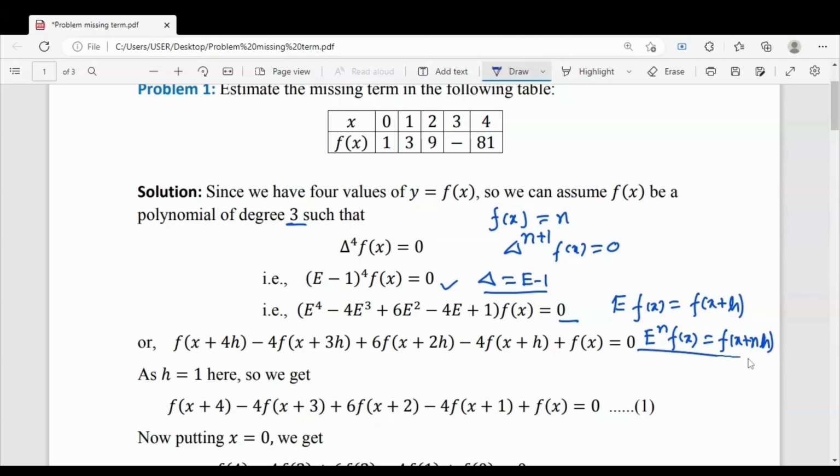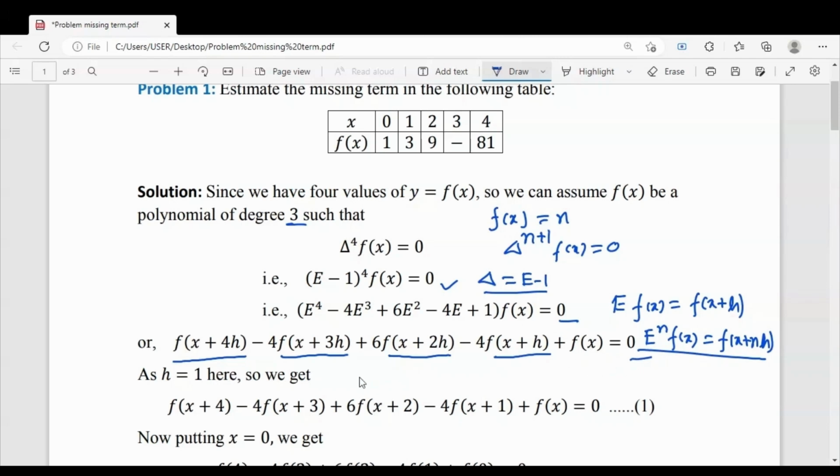Using this relation, we can write E to the power 4 f(x) equal to f of x plus 4h, E cube f(x) equal to f of x plus 3h, E square f(x) equal to f of x plus 2h, E of f(x) equal to f of x plus h, and lastly 1 into f(x) equal to f(x), equal to 0.